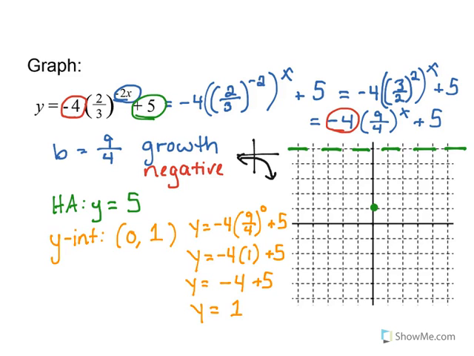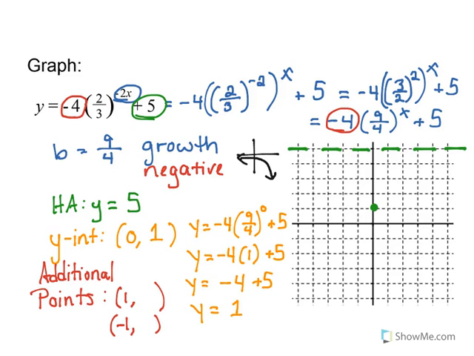Okay. Now we need some additional points. I'm going to try plugging in just x equals 1, see what I get. And I'm also going to try plugging in negative 1, see what happens over there.